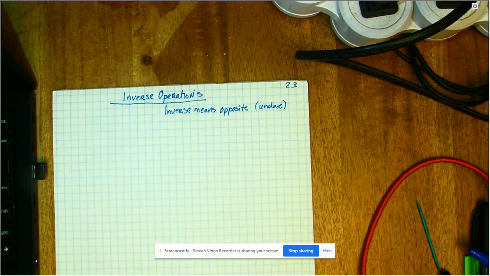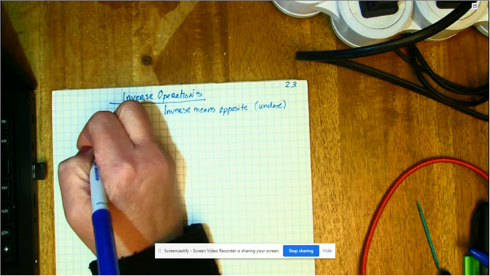So if you have addition, the way you can balance that out is you do subtraction, and we'd be able to create the number 0. If you have multiplication, we're going to be able to do division to come up with the multiplicative identity of 1, and so forth.